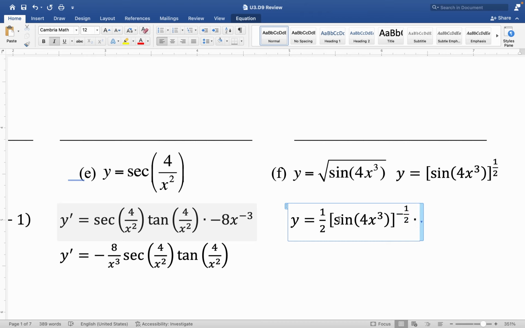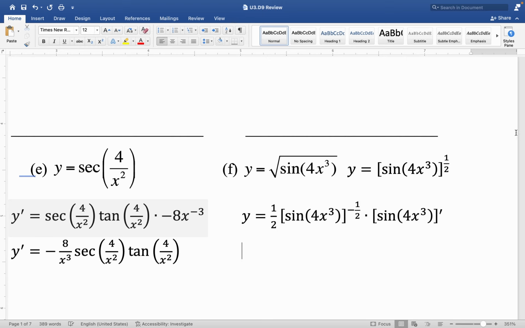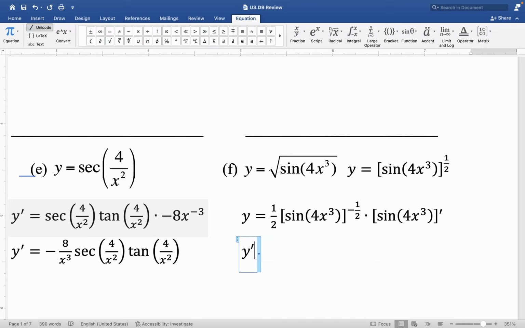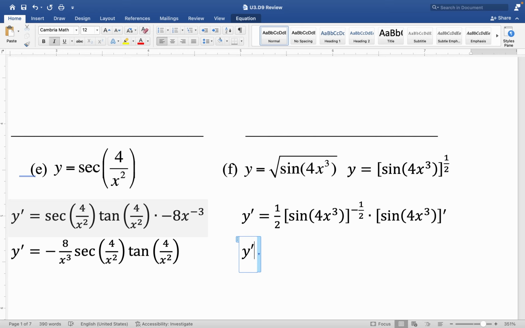Cool. But the inside function itself is fairly complicated, so I'm just going to postpone the differentiation of that until the next line, because I'm a little bit worried about trying to do 2 chain rules in the same line. All right, and in the next line, I'll actually compute. Oh, I forgot a prime on here, my bad. In the next line, I'm going to compute what y prime actually is here. So 1/2 sine 4x to the third.